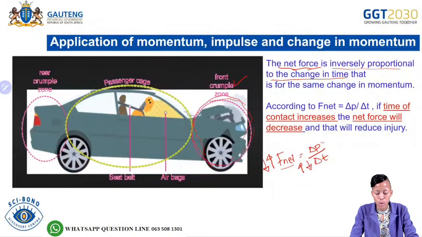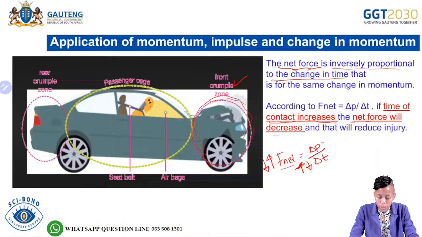The more time the car takes to crumple, the time of contact would increase. If the time of contact increases, that means that the net force will do what? Will decrease.